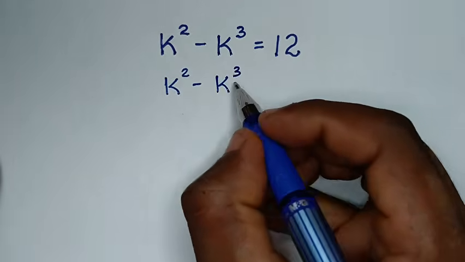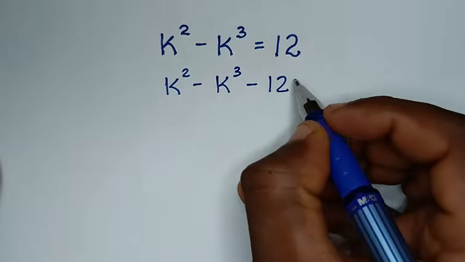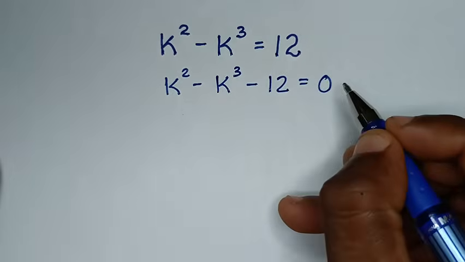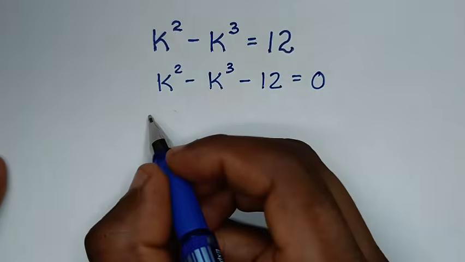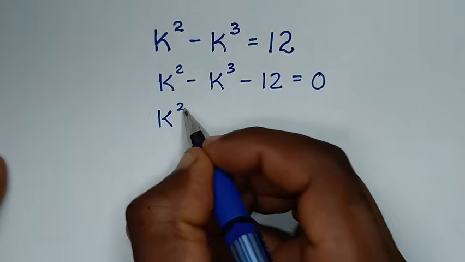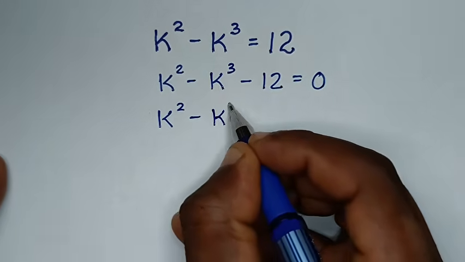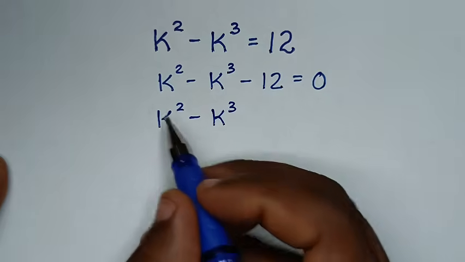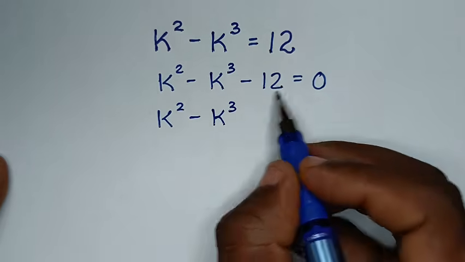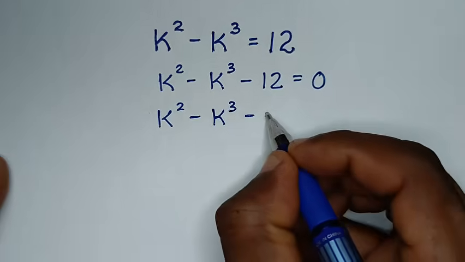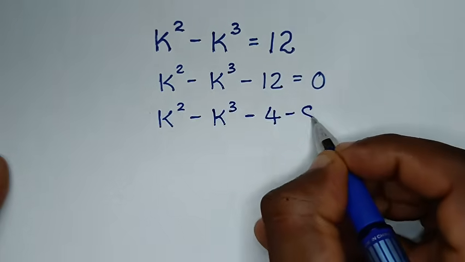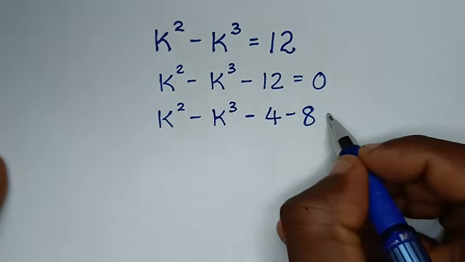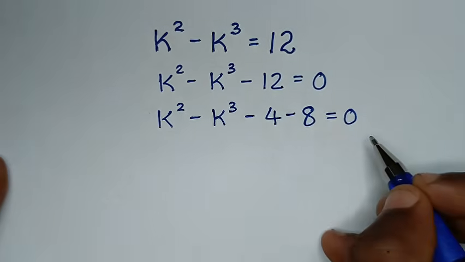We take 12 to this side, it will be minus 12 is equal to 0. Then here, it will be k² minus k³, then minus 12. We split according to these two exponents. So minus 12 is the same as minus 4 minus 8, which is minus 12, is equal to 0.